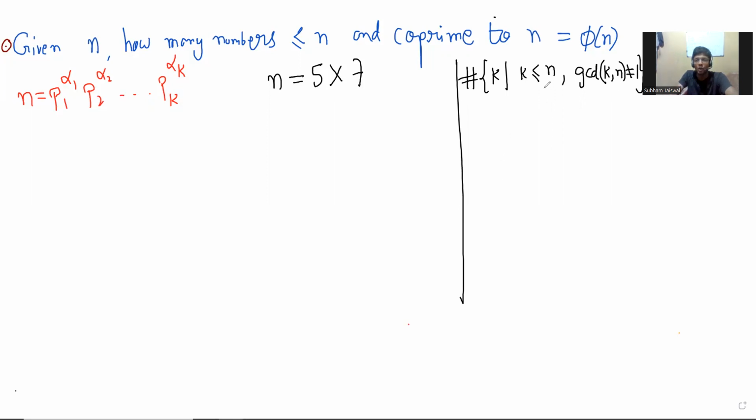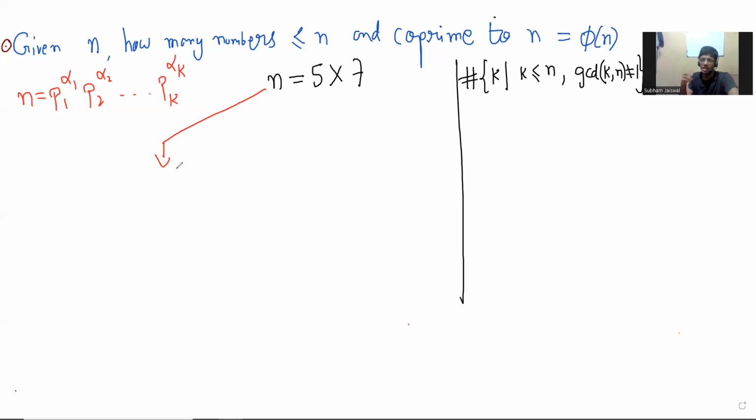So how do we execute this idea in this case? We just take numbers whose GCD with n is not equal to 1.